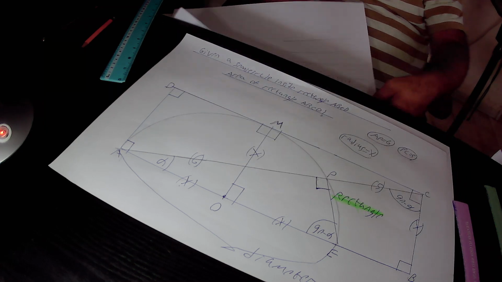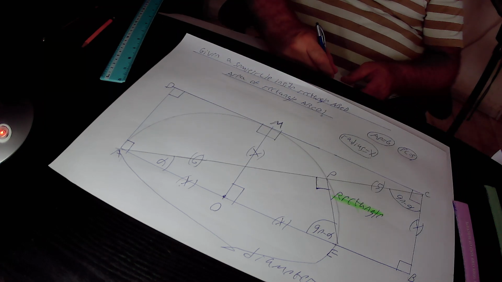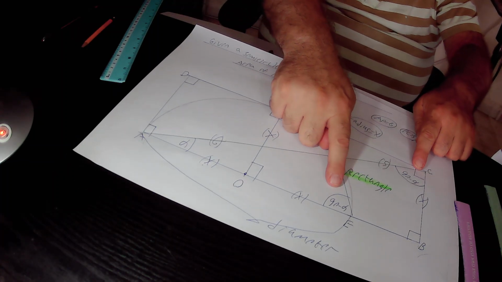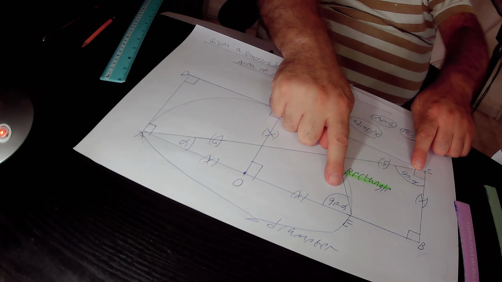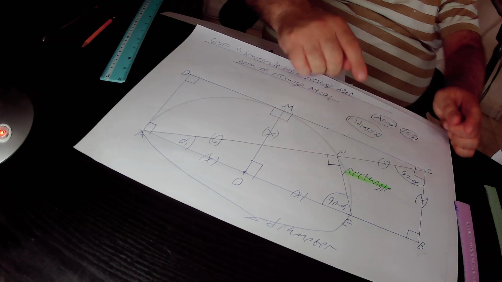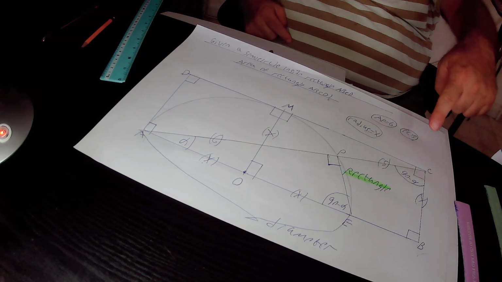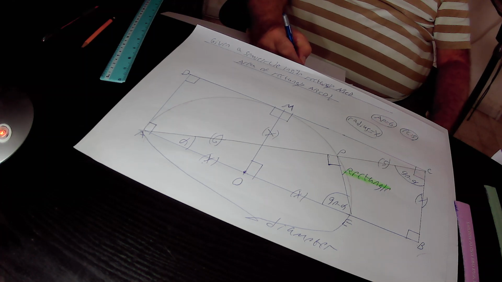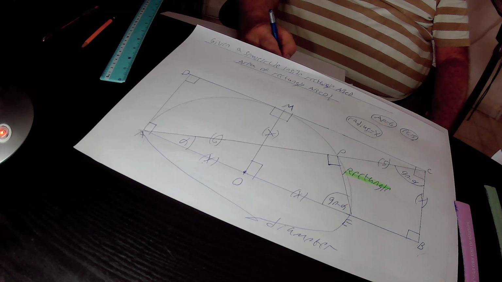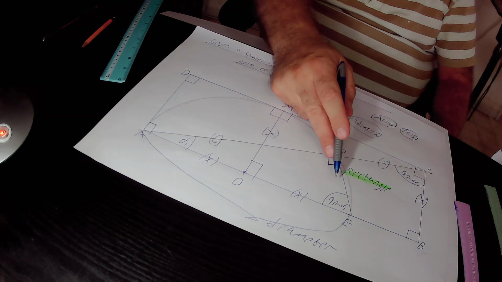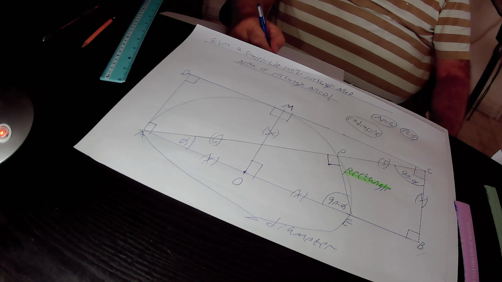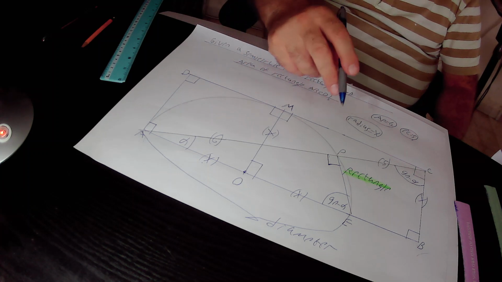And finally, this is angle ACB in the big right triangle ABC, and it is equal to this angle, that is actually angle PEA in the small right triangle APE.